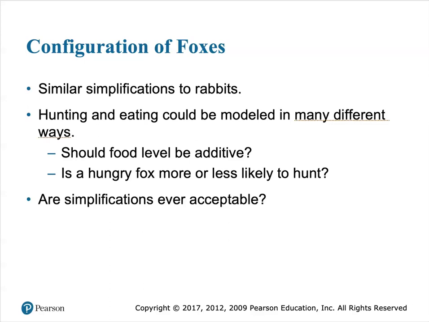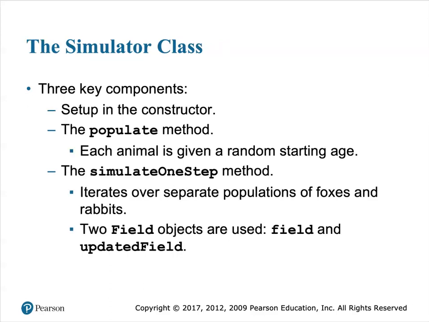Okay, let's look at the simulator class. Three main things about the simulator class. So we set things up inside of the constructor, and there's a populate method which gets the initial setup for the field. Each animal is given a random starting age, because if they all started at age 0, then the entire population would die out at one time. We don't want that to happen, so we need to seed the population with a random start.